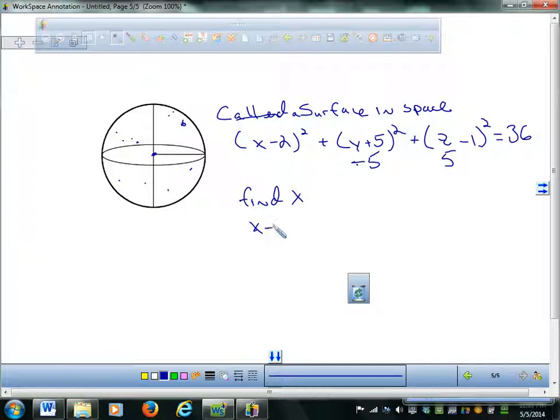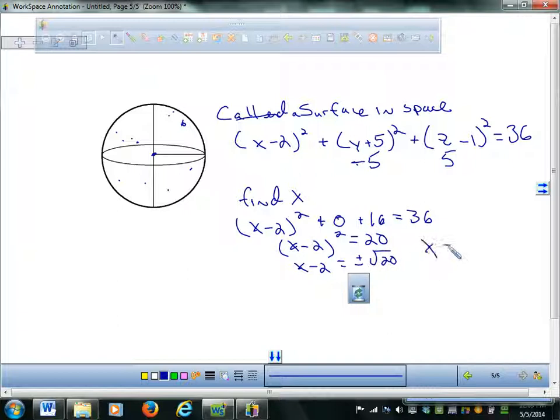We go x minus 2 squared plus 0 plus 16 equals 36, right? So x minus 2 squared equals 20. And then you can take the square root of both sides, so you get x minus 2 equals plus or minus the square root of 20.